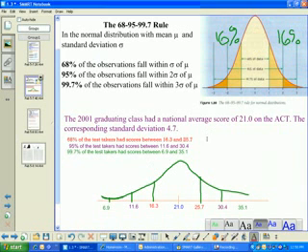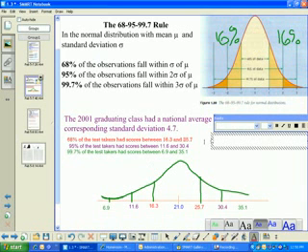So we could also say then, we can make a few more conclusions. 16% had scores over 25.7, and 16% had scores below the 16.3.